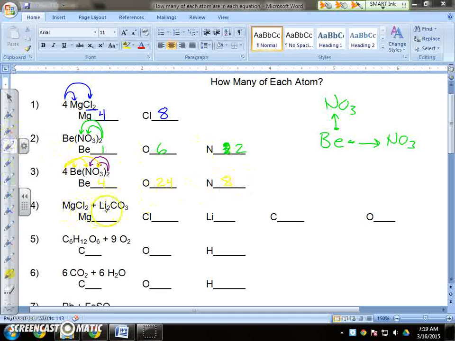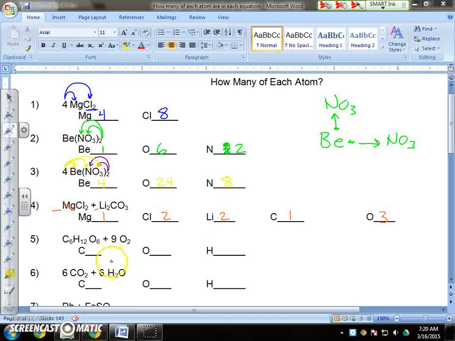We've got MgCl2 plus Li2CO3. Alright, so I don't see any coefficients, which means I don't have to multiply in the front. So it's simply count them out. I've got 1 Mg, I've got 2 Cl's, I've got 2 Li's, I've got 1 C, and I've got 3 O's. Nice and simple here.